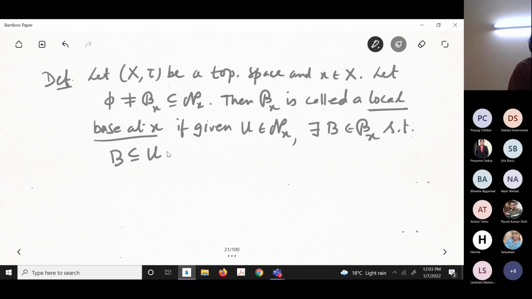Big neighborhoods actually don't help. So I am going for smaller neighborhoods, and from this smaller collection you can recover the whole neighborhood system.